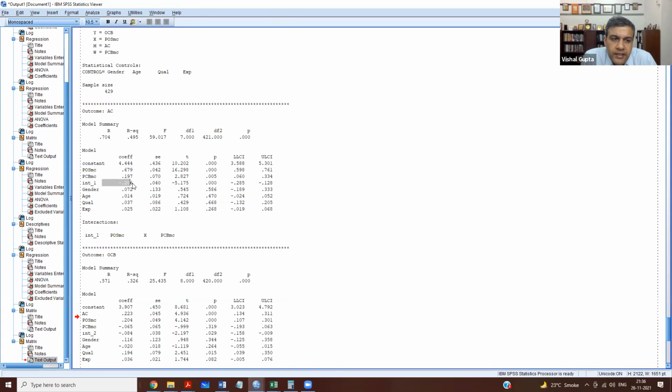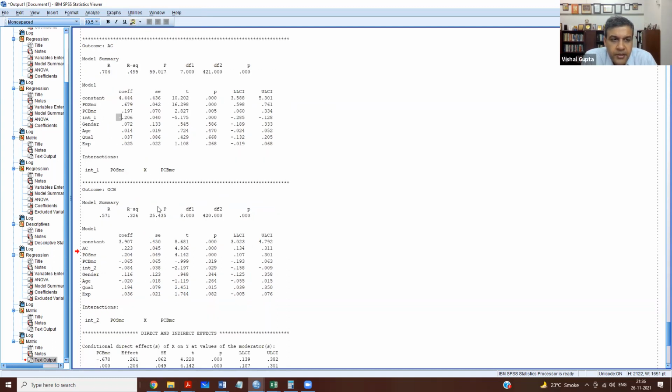So there is a significant interaction and this effect is negative, which is what we had theorized also, that if PCB, psychological contract breach, is high, then the affective commitment should be low, and that is what the negative sign here is telling us. Rest are the control variables.